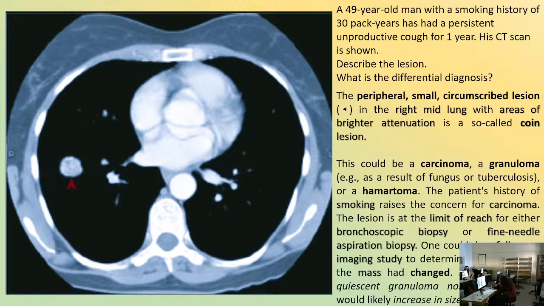And there is another finding as well, which could justify a cavitation of the lesion. When you see a cavitated lesion, remember the abscess. It had liquefactive necrosis. Which other lesions can cause this cavitation?